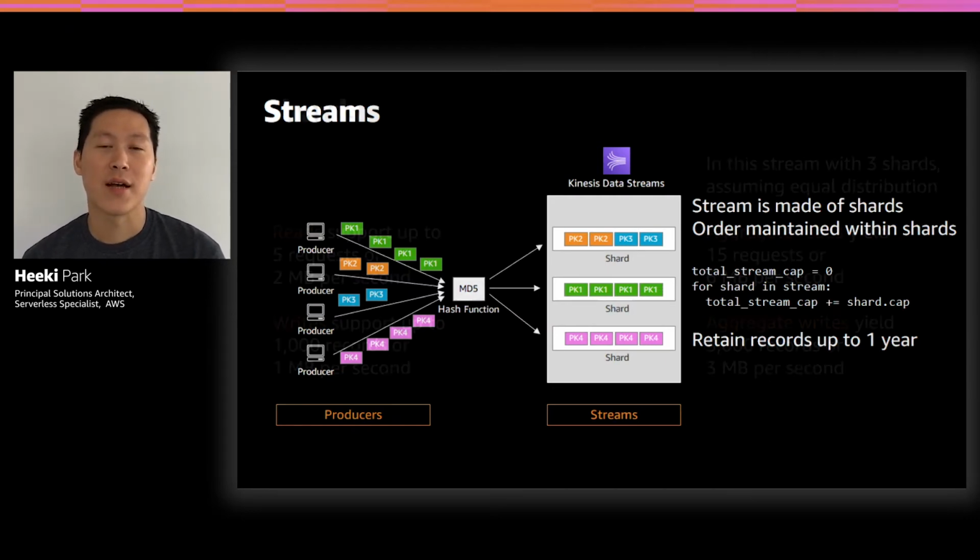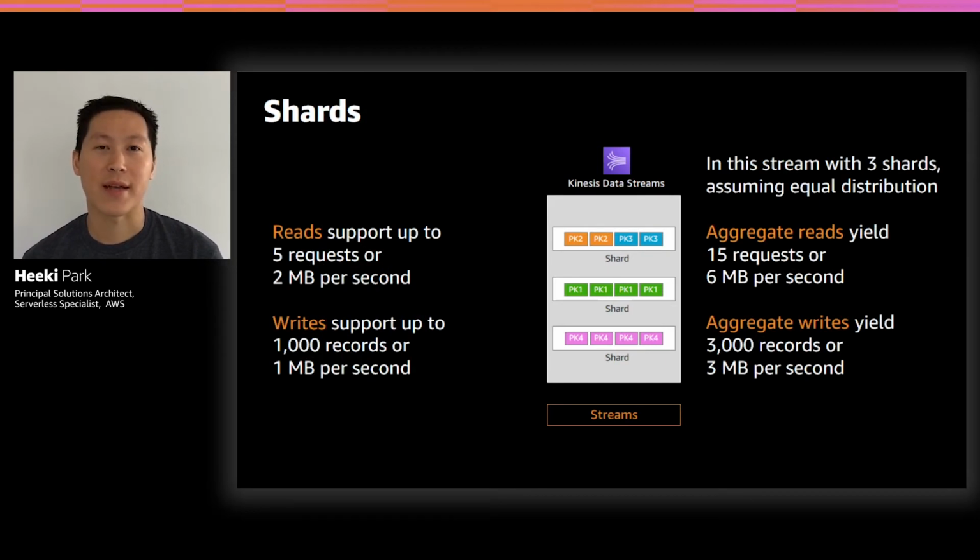Each shard has a separate read and write throughput capacity. For reads, each shard can support a maximum of 5 requests per second or up to 2 megabytes per second, whichever threshold comes first. For writes, each shard can support up to a maximum of 1,000 records per second or 1 megabyte per second, again, whichever threshold comes first. Let's take an example where we have a stream depicted with 3 shards.